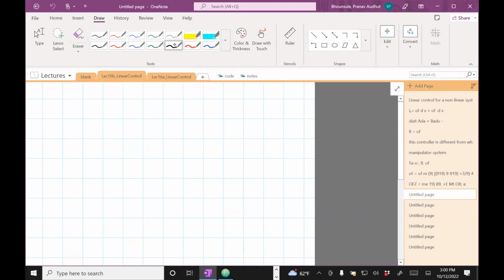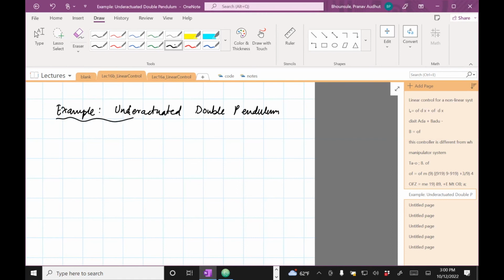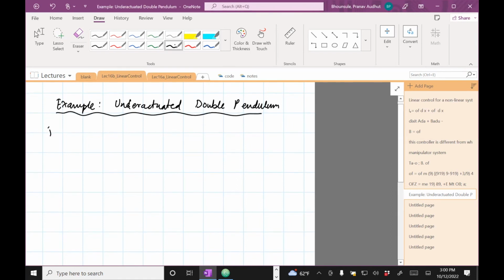It's a double underactuated double pendulum. So what does that mean? Well, here is a pendulum. I've drawn two because we can get two cases.